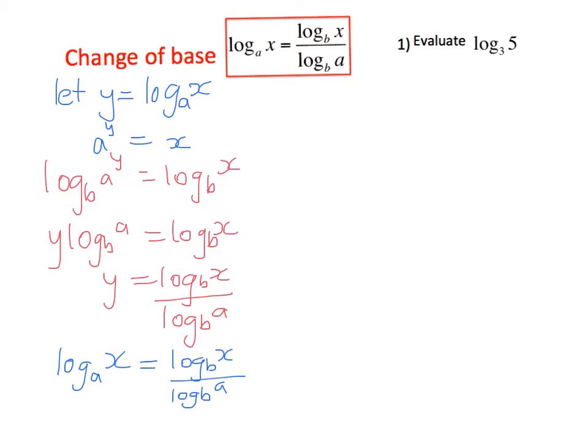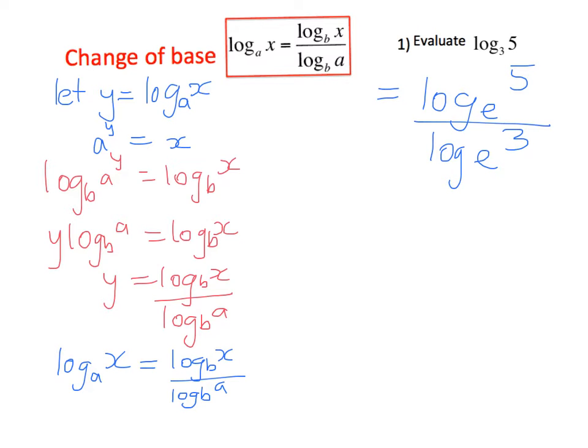So using that formula, let's evaluate log of 5 base 3. We can choose either base e or base 10, because that's what we can do on our calculator. Just make sure we have the same base for both the numerator and the denominator, and then you can see there the x, which is the 5, goes on the numerator, and a is the base in the original question, and that goes on the denominator.